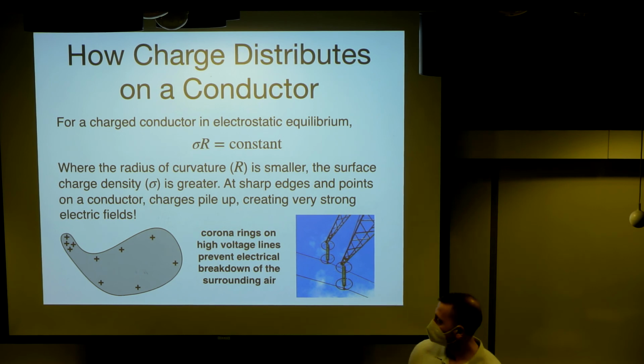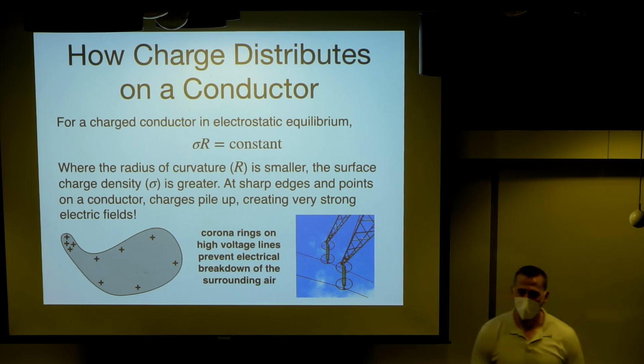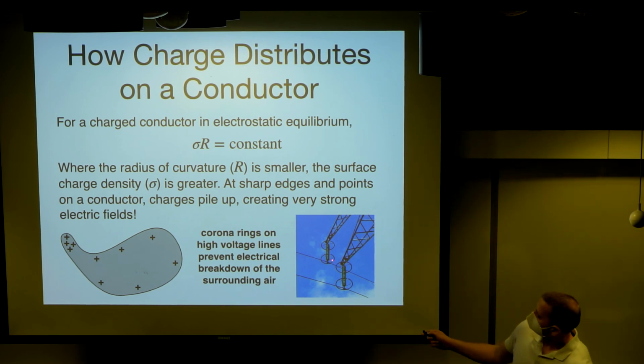Because maybe you can cause electrical breakdown if enough charge piles up. And of course, if we're talking about, let's say, a transmission line or something like that, that's definitely something you'd want to avoid. So there are ways of preventing that from happening. For example, if you've seen these sorts of corona rings on high voltage lines, that's what these are for, is to prevent electrical breakdown in situations like this.